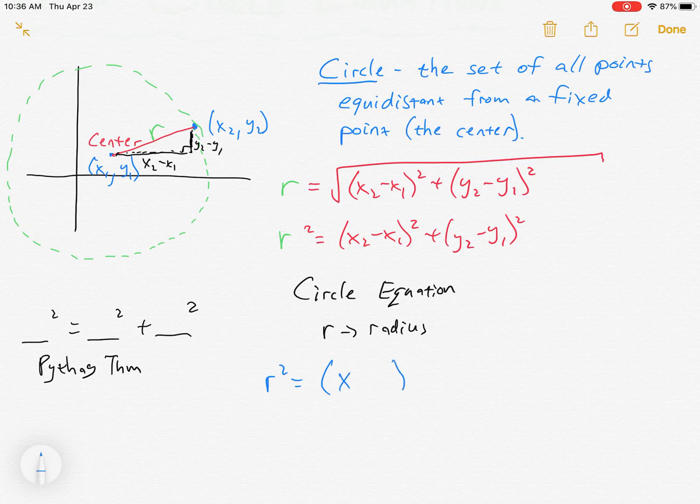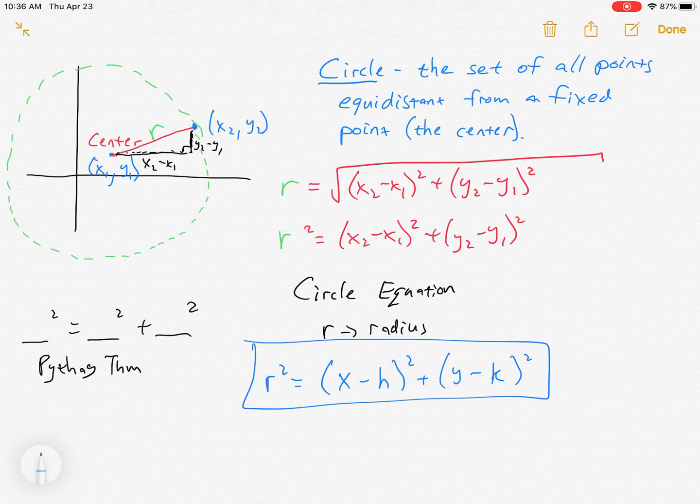Usually what we do, instead of writing it this way, we're just going to say a generic x and a generic y. Instead of x1 and y1, we usually put h and k here, where h and k are the center.